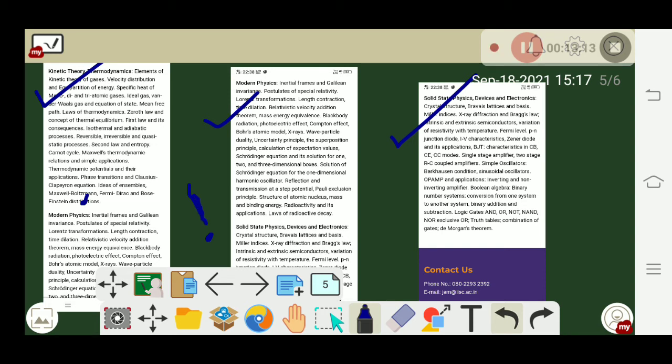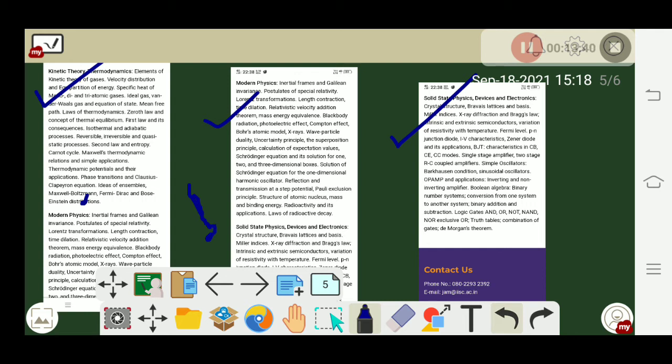Maxwell's thermodynamic relations. There is a shortcut to remember this. I have already made a video on that. You may check. Simple applications, thermodynamic potentials and applications, phase transitions, and Clausius-Clapeyron equation. An important standard problem may arise. Ideas of ensembles, very easy portion. Don't leave statistical mechanics.